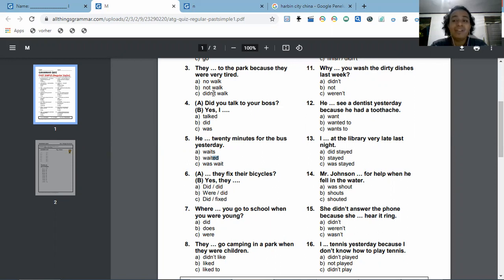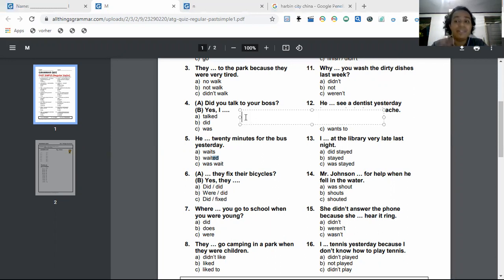But don't get confused, because there are verbs where verb one, verb two, and verb three are the same, but they're not categorized as regular verbs. For example, cut, cut, cut. These are three different forms of the verb. They're all the same, but don't get confused.